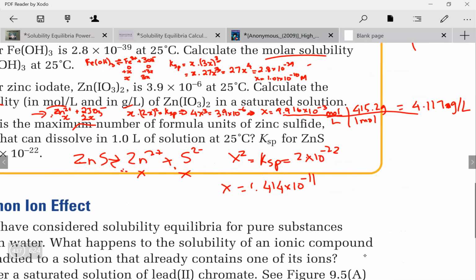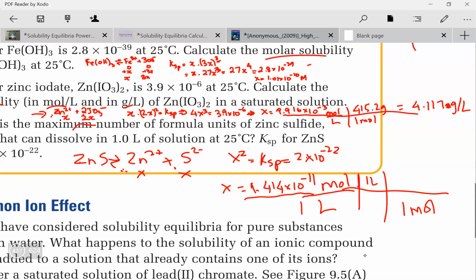So this is in moles per liter. Maximum number of formula units that can dissolve in 1 liter of solution. So I times this by 1 liter, which doesn't do anything. And then I also times it by 1 mole and 6.022 times 10 to the power of 23 formula units, which equals, take the square root times 10 to the power of 22, and do times 6.022 times 10 to the power of 23.